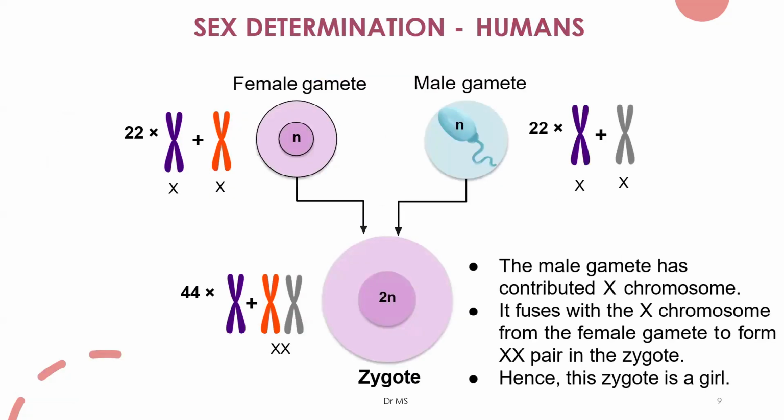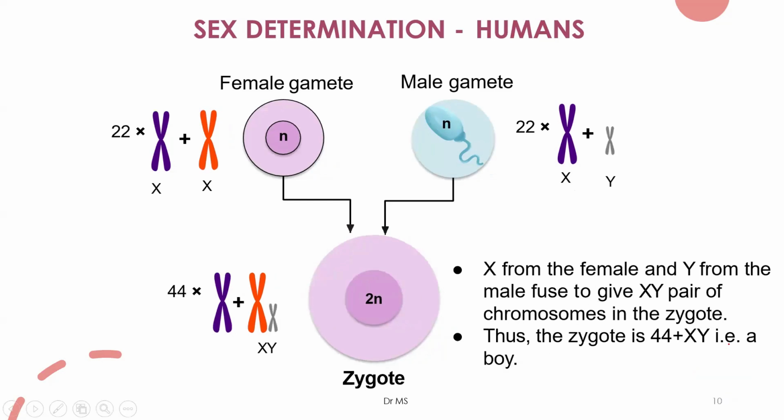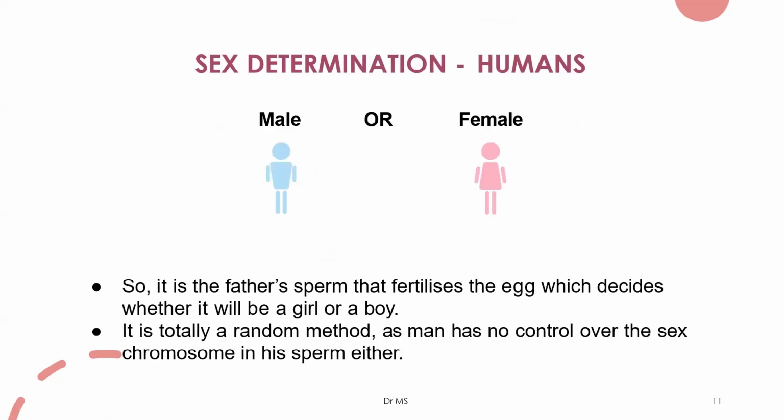So if the male gamete contributes the X chromosome, it fuses with the X chromosome, and the zygote will result in the formation of a girl. And if the male contributes the Y chromosome, then the zygote will be a boy. So that's how you determine sex in humans. Remember, the father's sperm that fertilizes the egg decides whether it's a girl or boy.